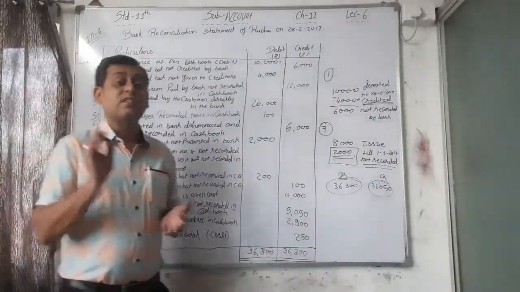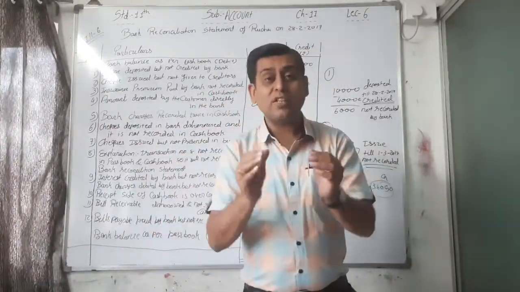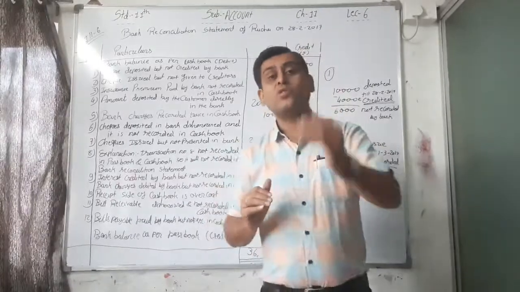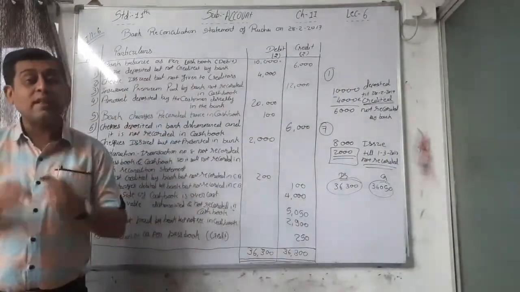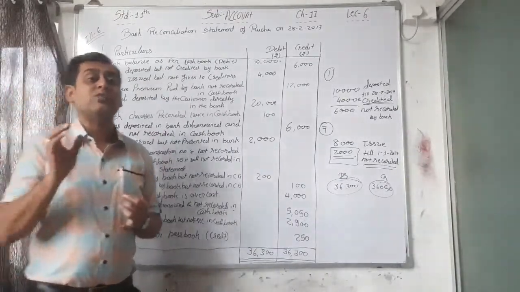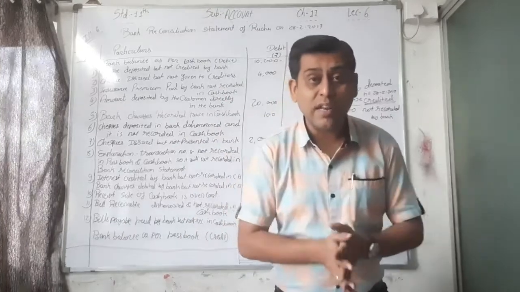Dishonored is always credited in the BRS. You have to remember these shortcuts also, so you can solve these sums very easily. Five or six points are already there: DDIC and DCID, as well as dishonored, as well as directly deposited by the customer.